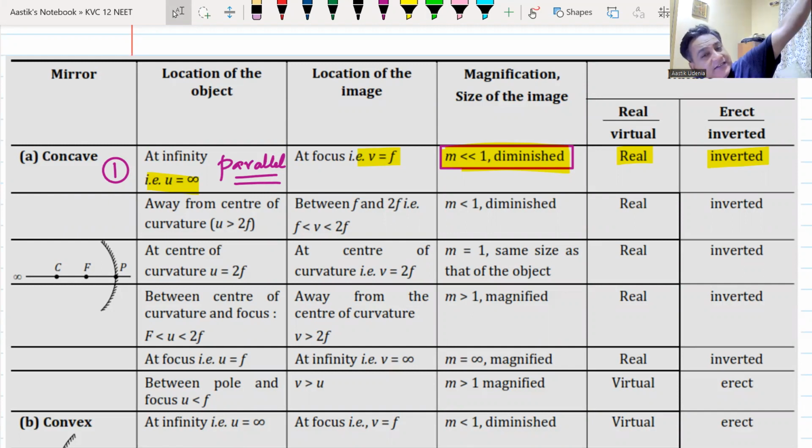The first position is at infinity, then it is beyond the center of curvature, then it is at the center of curvature. Do you remember all those 6 positions?